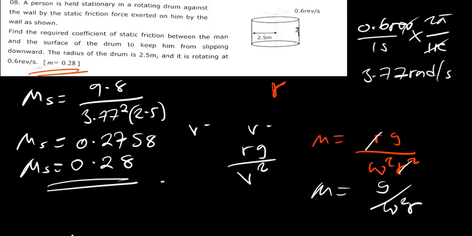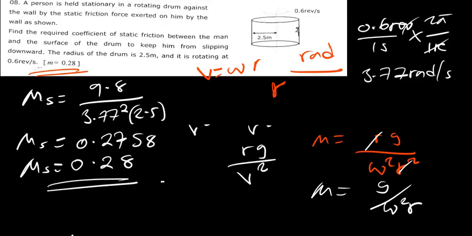So whenever I'm using this conversion of v equals omega r, this is always in rad. Do you understand? I have another question. But wait, have you gotten that one? Yes, I've gotten this one.